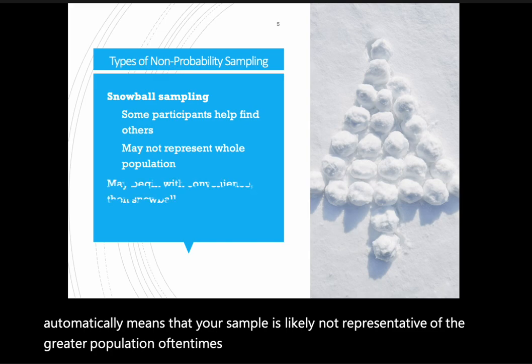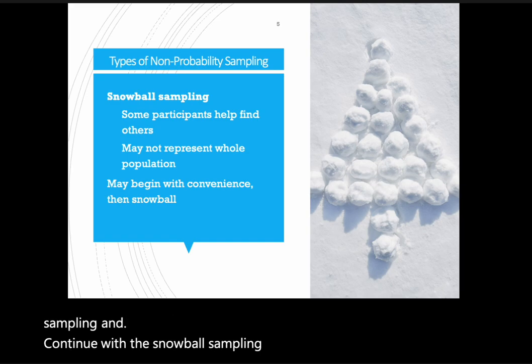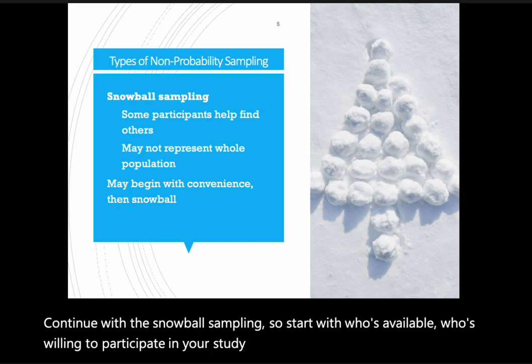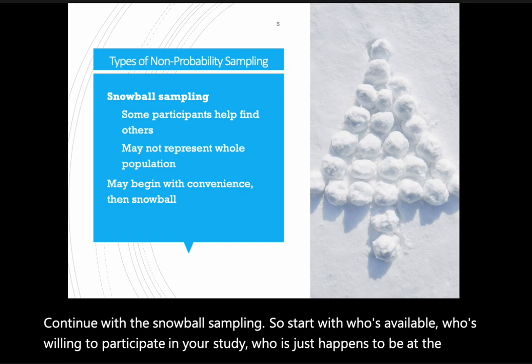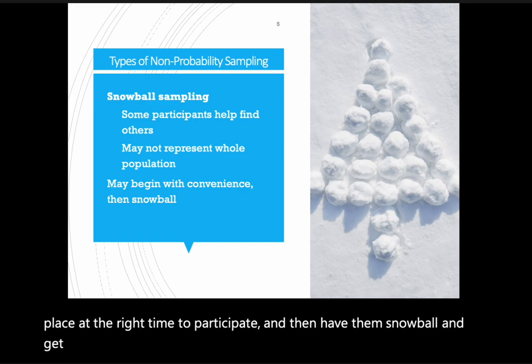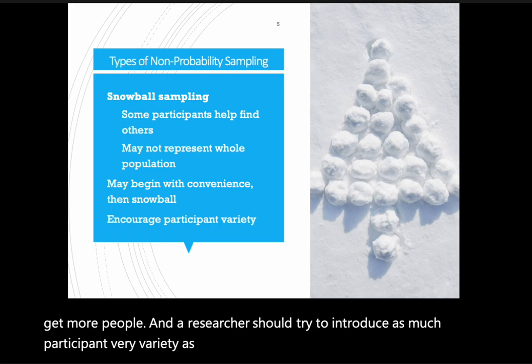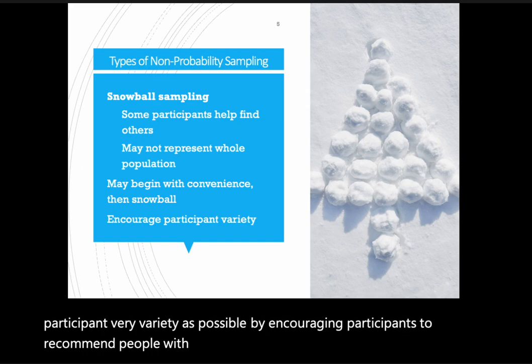Oftentimes, a researcher can start with convenience sampling and continue with snowball sampling. So start with who's available, who's willing to participate in your study, who just happens to be at the right place at the right time to participate, and then have them snowball and get more people. And a researcher should try to introduce as much participant variety as possible by encouraging participants to recommend people with specific characteristics to participate.